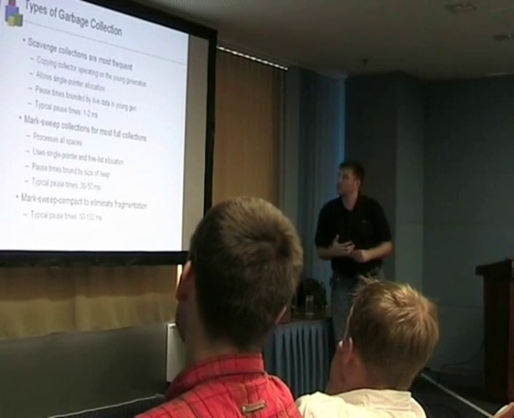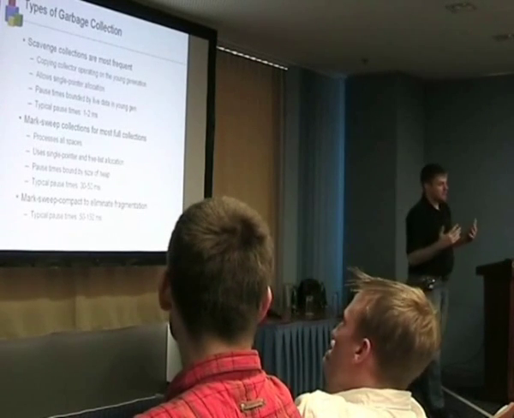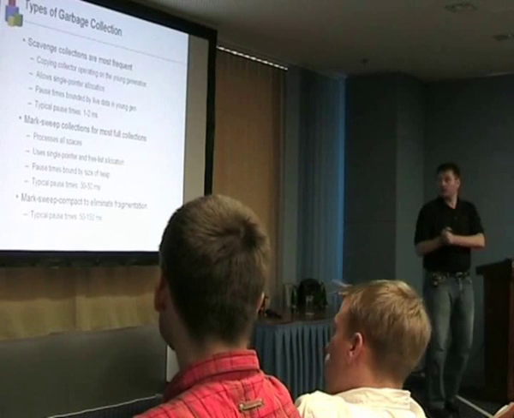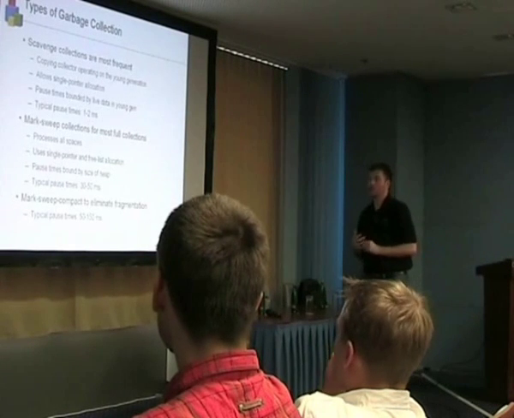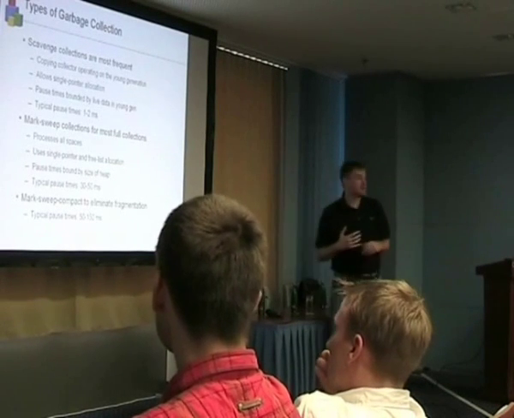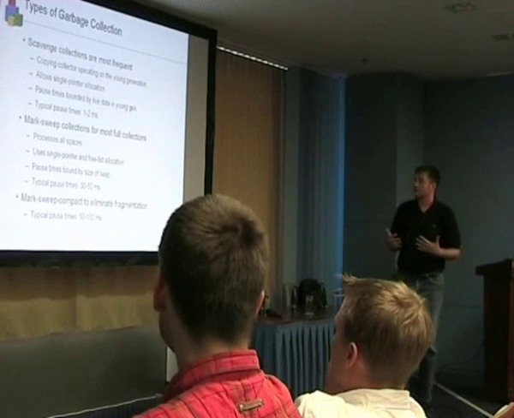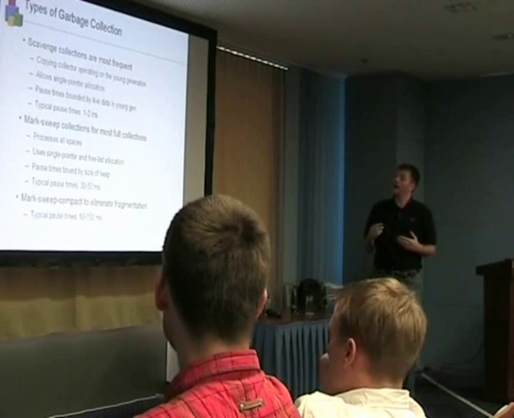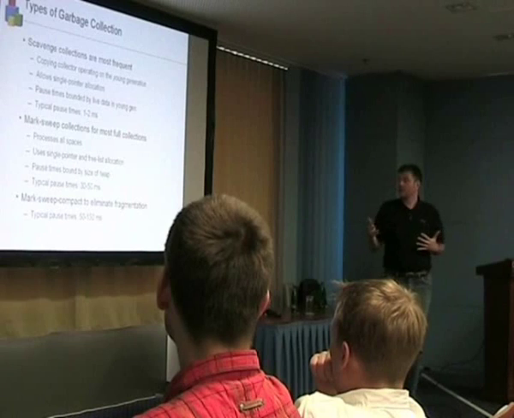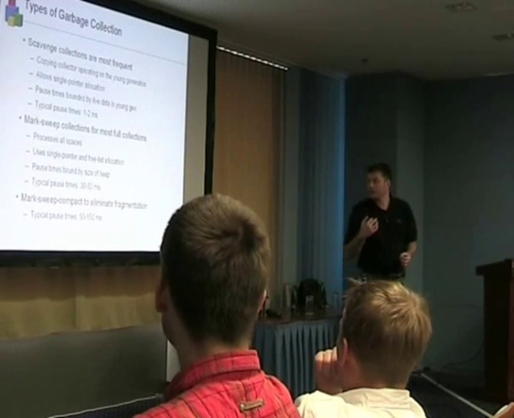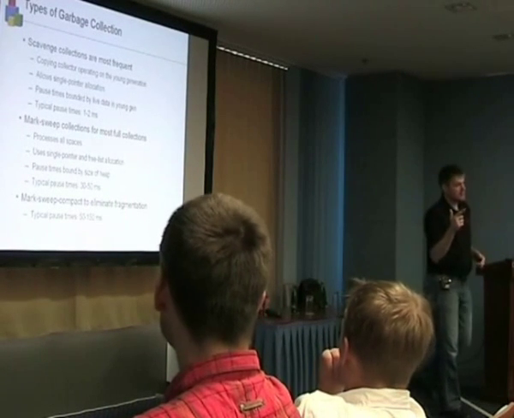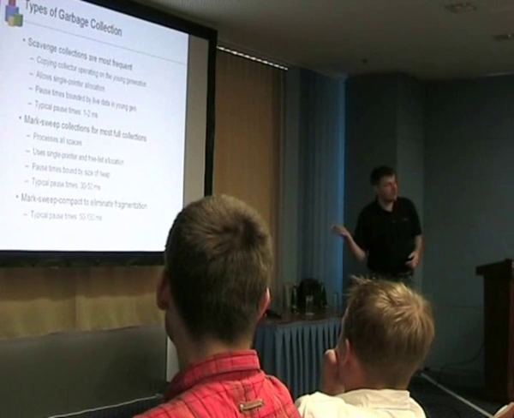When we do full garbage collections, where we have to look at both the young and the old generation, we use a mark sweep collection, and that processes all of your spaces. The way we've implemented this allows us to use a combination of single pointer allocation, again just bumping a pointer, and free list allocation.